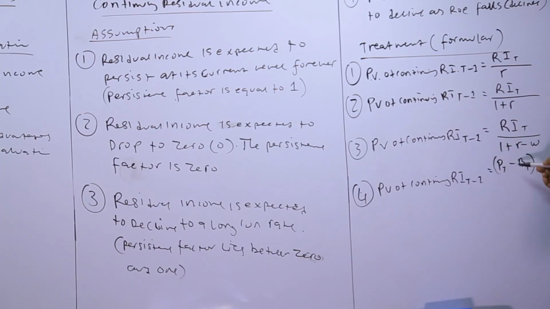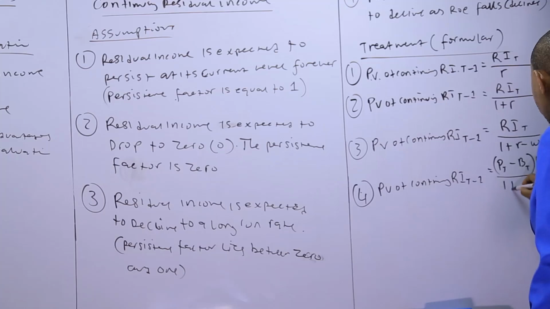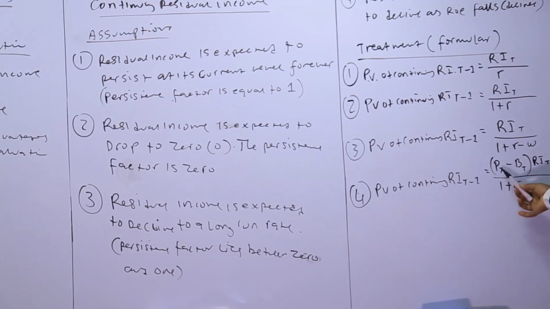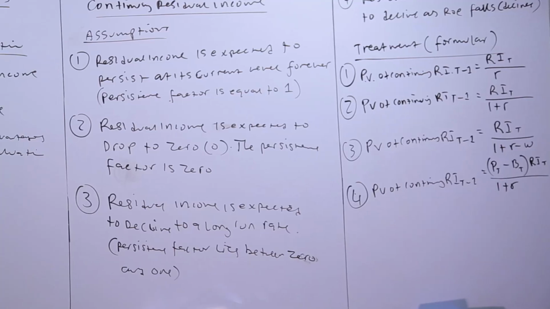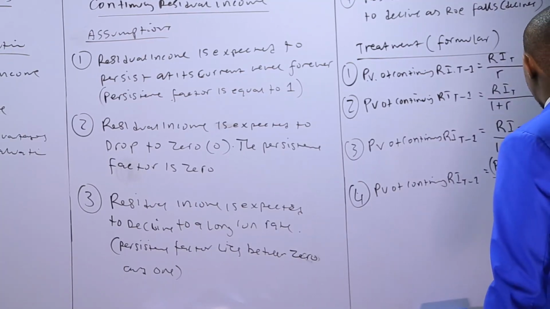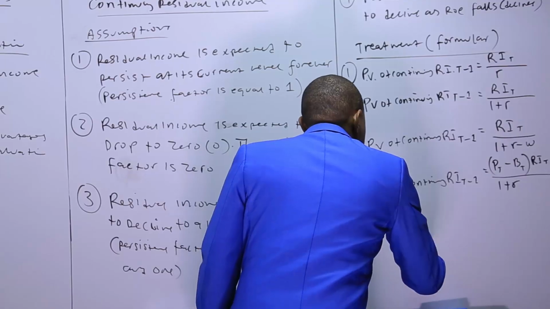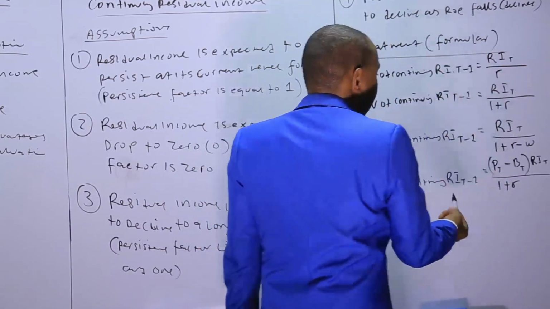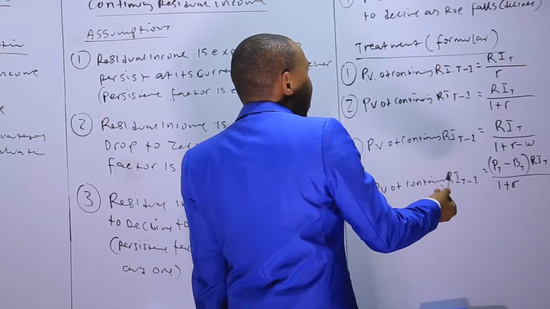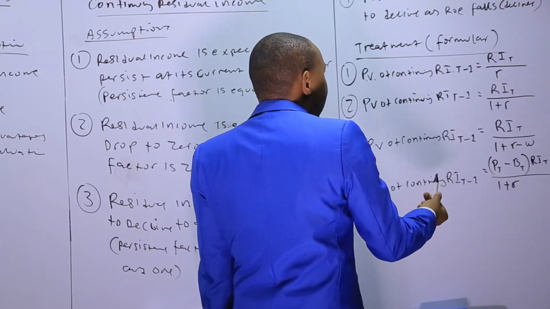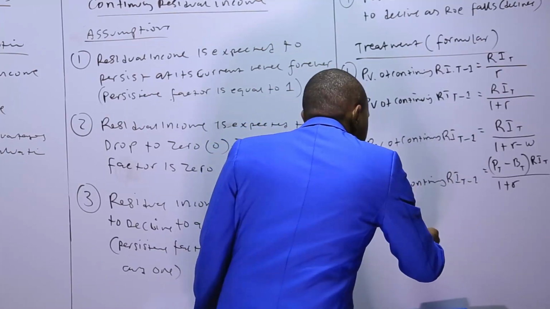Then you multiply by the residual income at time t, RIT, discounted against 1 plus r. Why? PT represents the market price, and how do we get the market price? We get the book value multiplied by the forecasted price to book value.